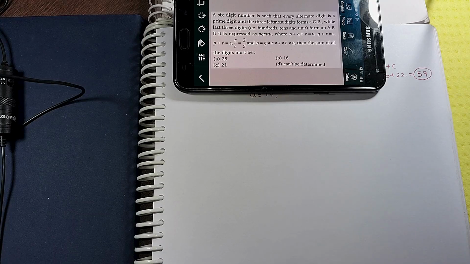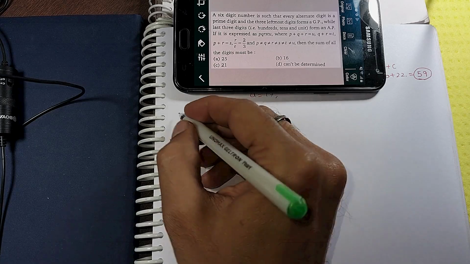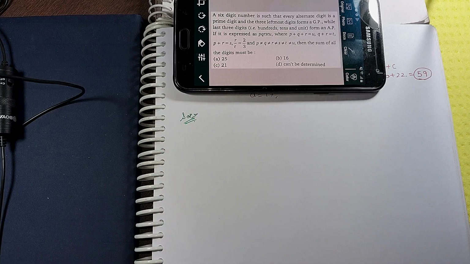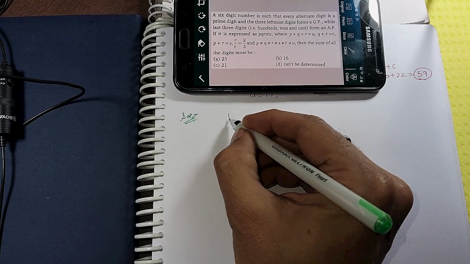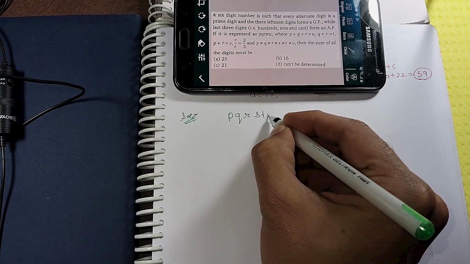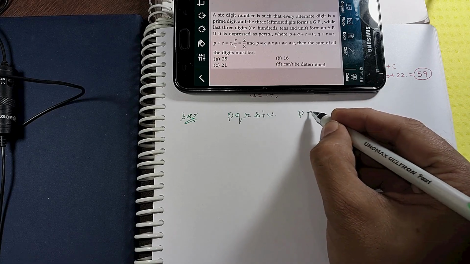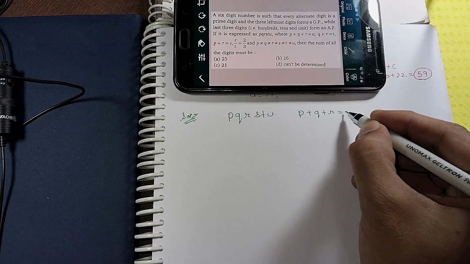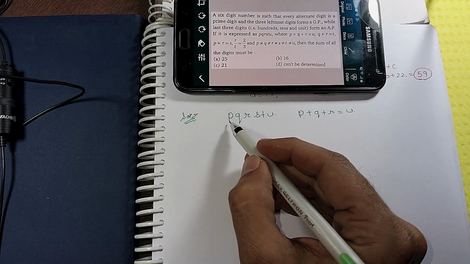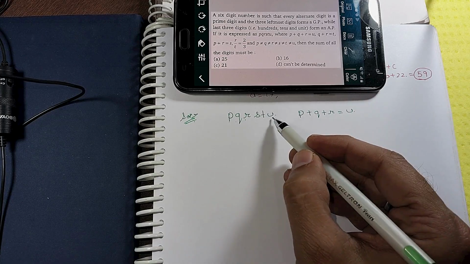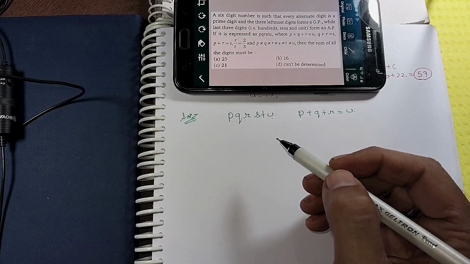A 6-digit number is such that every alternate digit is a prime digit, and the 3 leftmost digits form a GP, while the last 3 digits form an AP. If it is expressed as PQRSTU, where it has been given that P plus Q plus R is equal to U, so that means the first 3 digits should add up to the digit at the units place.